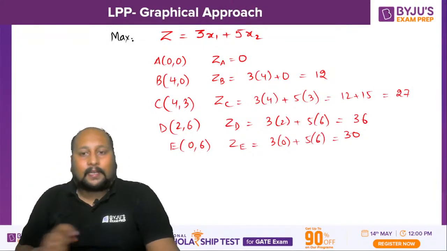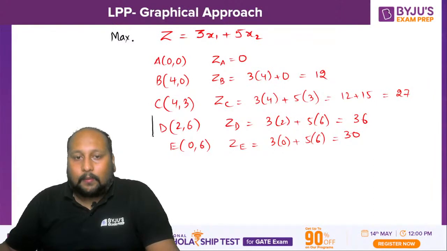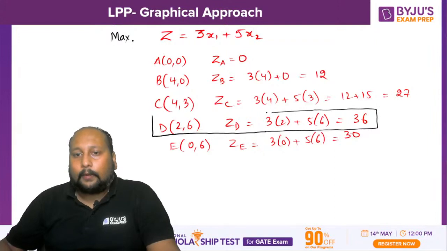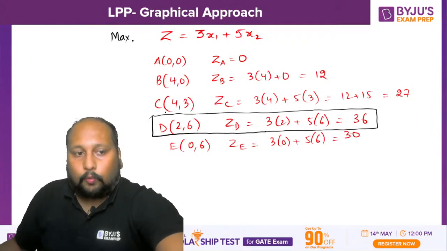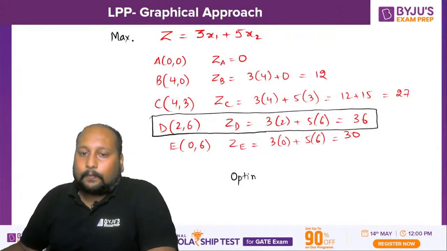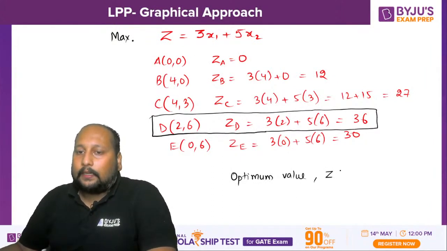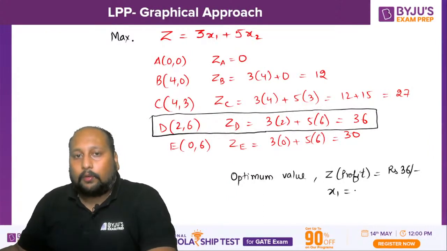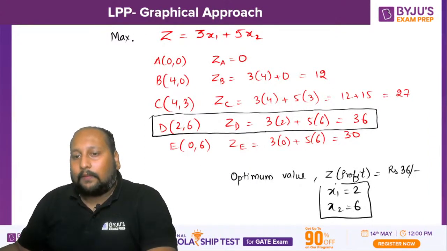The objective function is maximum at point number D. So the optimum value of Z, that was profit, is equal to rupees 36. And the manufacturing of x1 and x2 is at x1 equal to 2 and x2 equal to 6. This will be giving us the maximum profit.